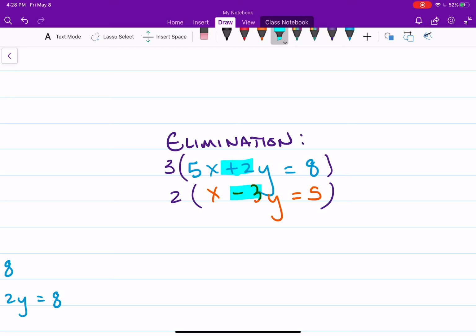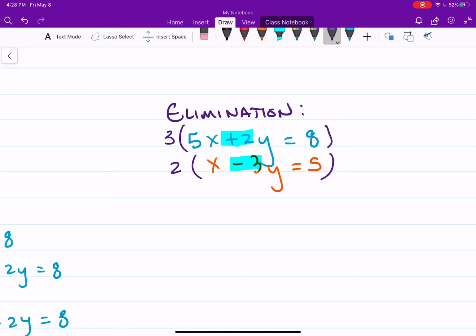One's positive, one's negative. The common multiple that 2 and 3 both go into is 6. So the top blue one would become a positive 6, and the bottom orange one would give me a negative 6, which, when I add, will eliminate everything out.